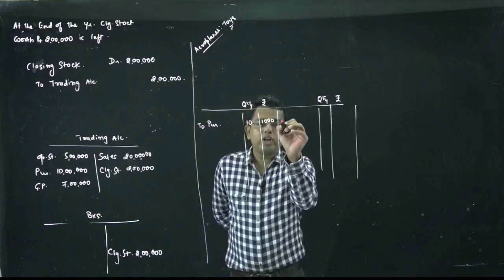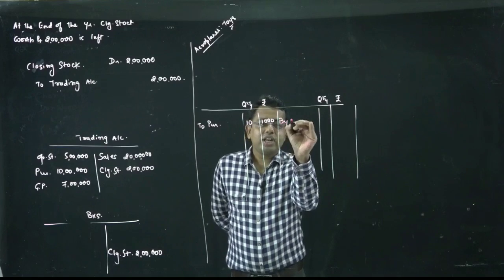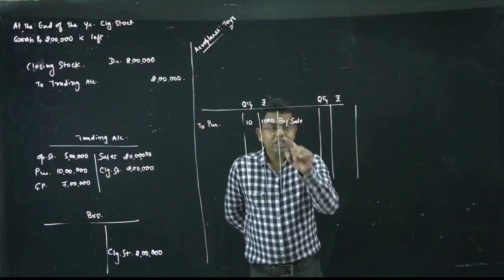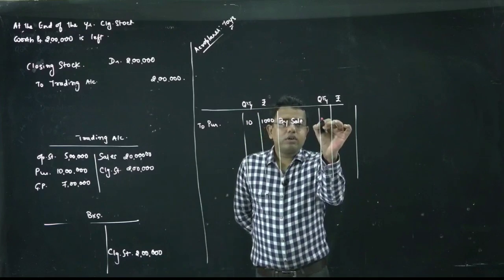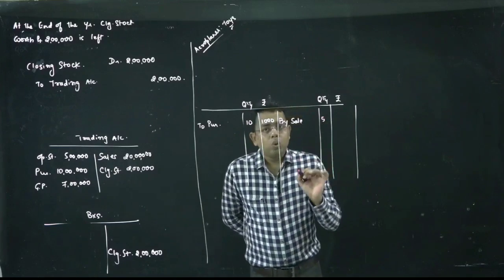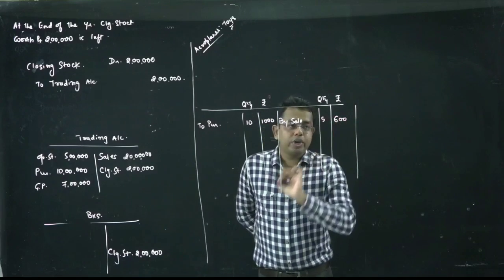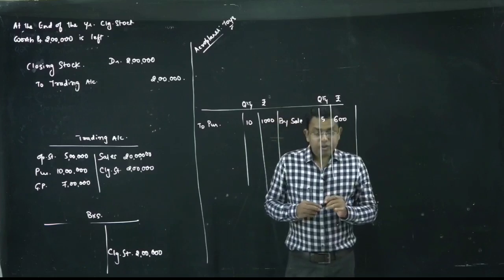Let us for example understand, we are selling 5 aeroplanes for 120 each. So, my sales would be 600.